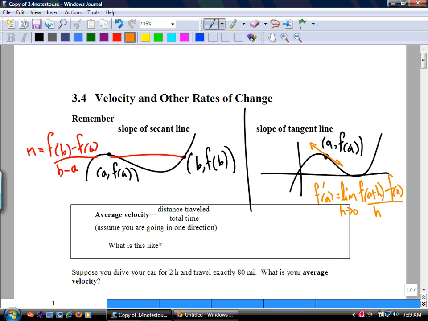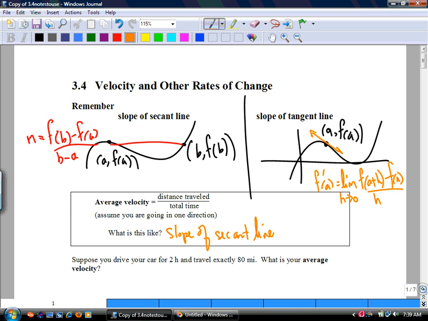So average velocity is the total distance traveled divided by the total time. Which of the two statements above does that most match? Is that slope of the tangent line, or is that slope of the secant line? Yeah, slope of the secant line. Okay.